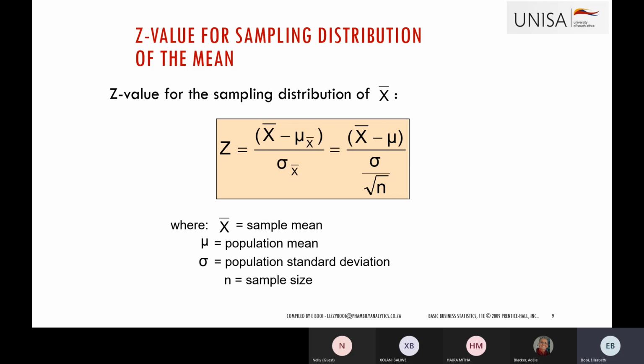And our z-score is the sample mean minus the population mean divided by the standard error. We've learned what the standard error is: the population standard deviation divided by the square root of n. We will use the z-score to go find the value on the table.